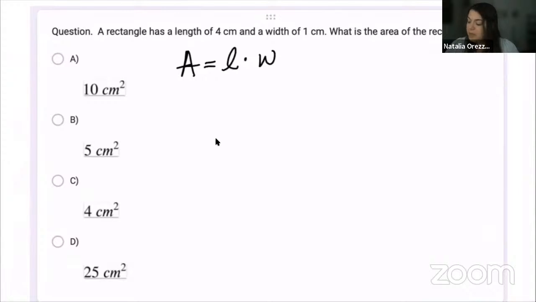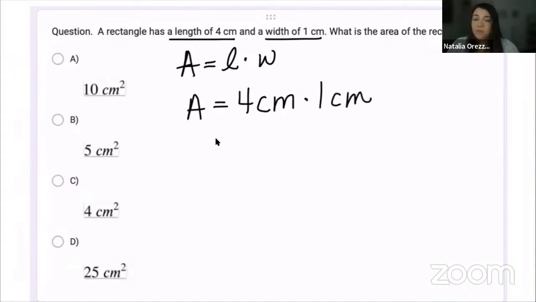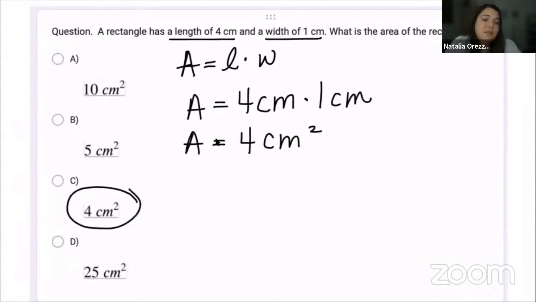Here, it's telling us 4 centimeters is the length, and the width is 1 centimeter, so times 1 centimeter. 4 times 1 is simply 4, and that's centimeters squared. So here our answer choice is C. This is actually a really easy one. I should have given you guys a harder one, but it's okay.